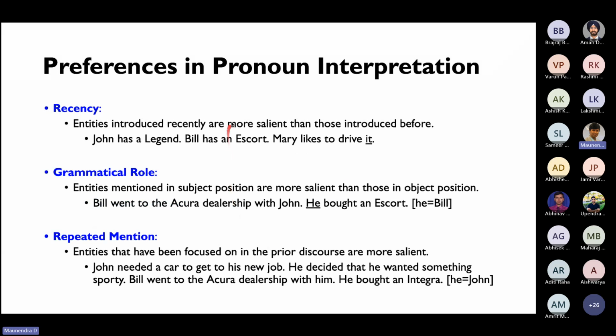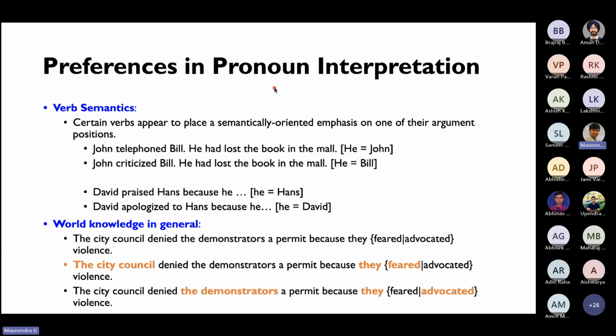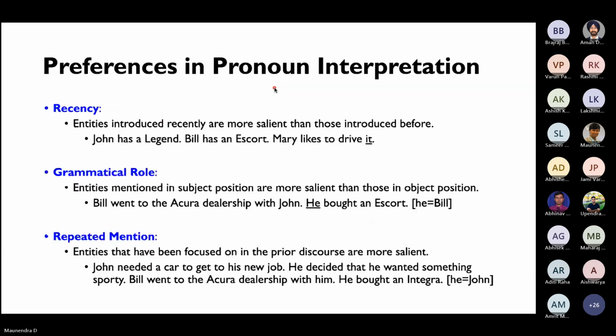Now, there could be some preferences. So one is called recency. Entities which are introduced recently are more salient than those introduced before. So John has a Legend, Bill has an Escort, Mary likes to drive it.